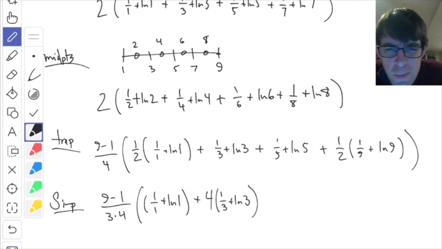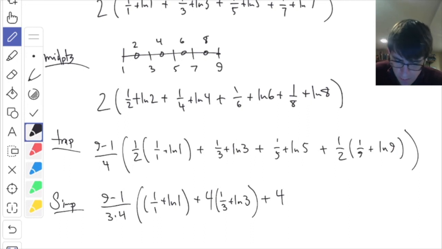Although I only have 4 points here. This is a little weird, but when you're doing Simpson's Rule with only 4 points, there is nothing else inside the dot, dot, dot. You go immediately from the second point to the second to last point, which is why I'm using 4 both times. And then finally the last point, 1/9 plus ln 9.